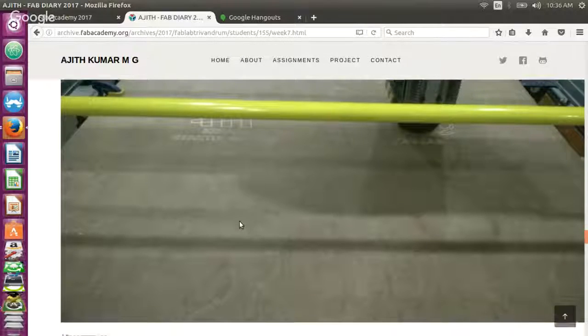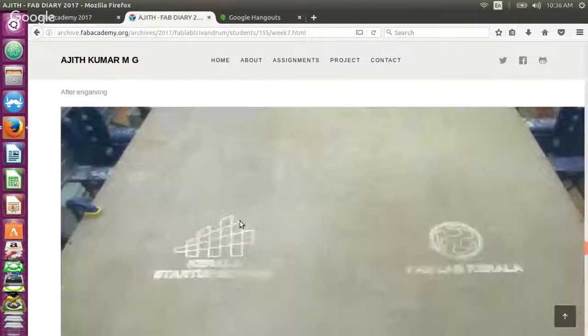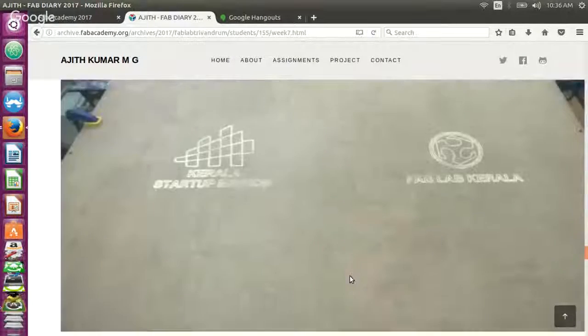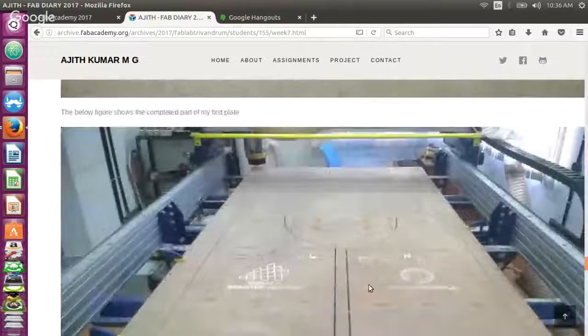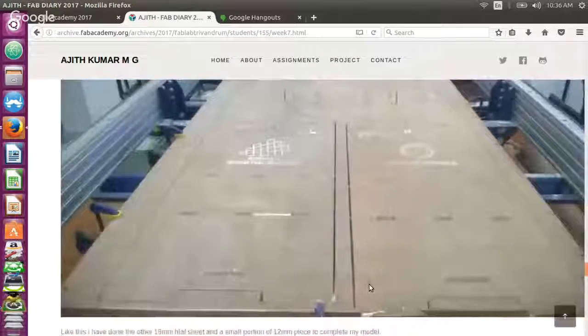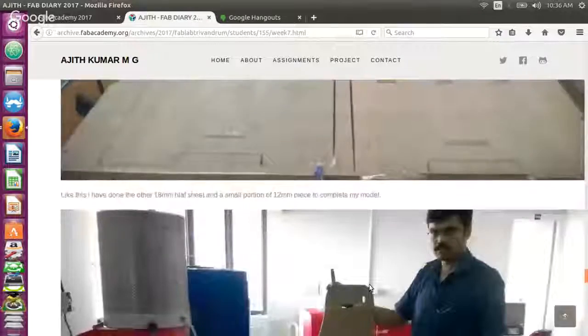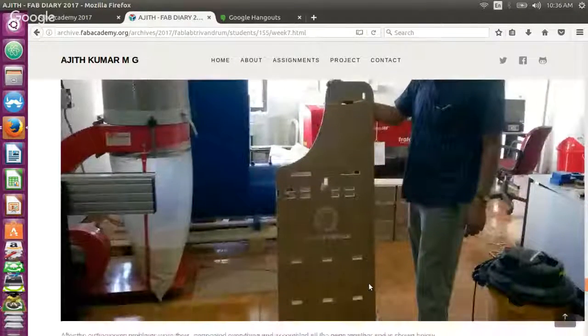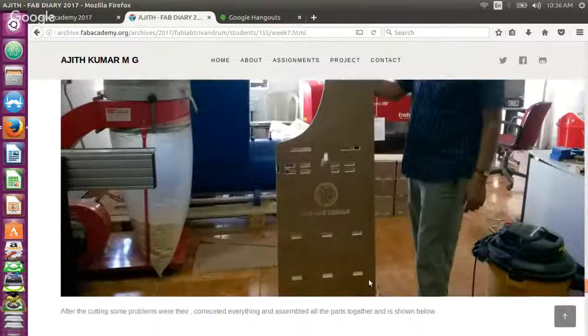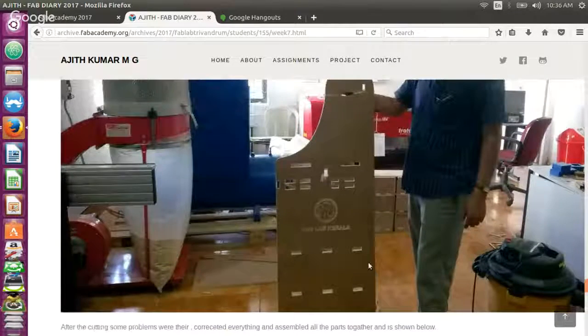First I did the engraving. So this is the first plate cutting, then cleaning and assembling. Based on the test cut we did first, I finalized the slot dimensions.